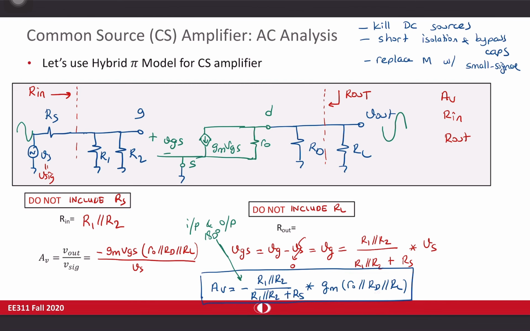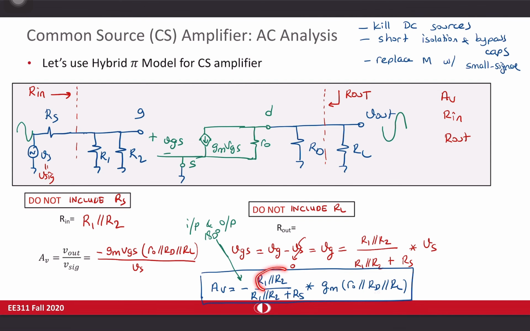The other thing is that the first part, this part is in fact Rin divided by Rin plus Rs. So this is Rin. So you can write this thing as Rin divided by Rin plus Rs. And to be able to maximize the voltage gain, you want to maximize the input resistance, right?